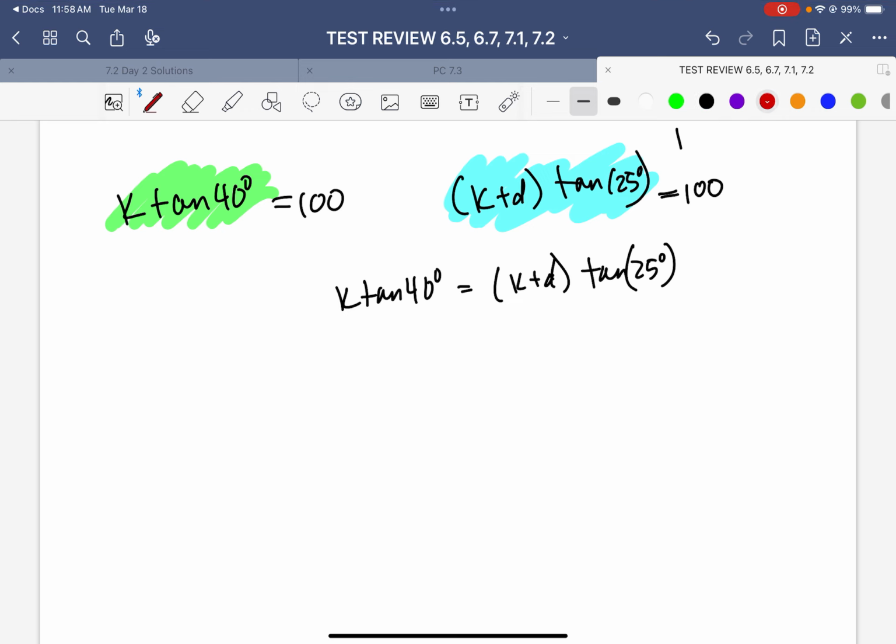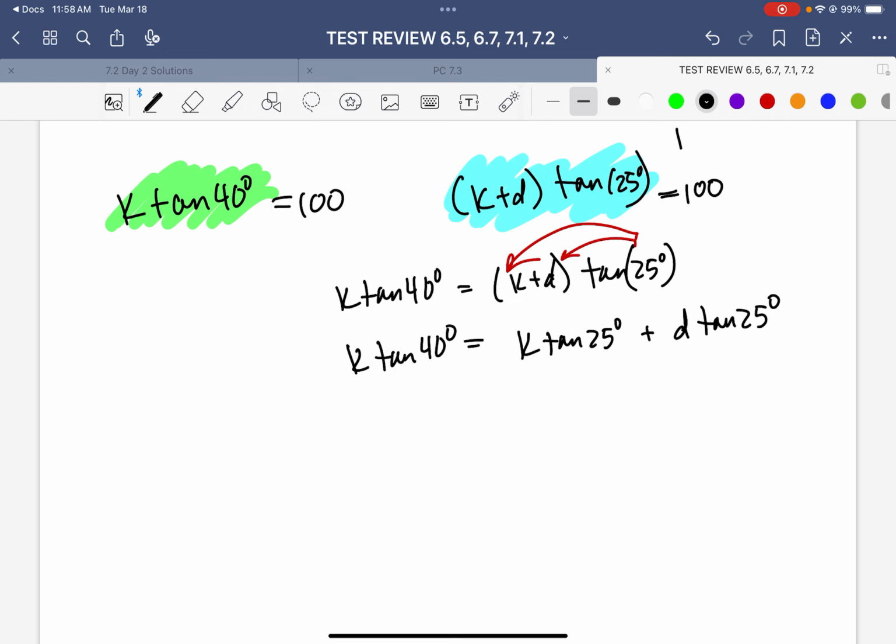And so now what you need to do is just distribute here, and you're going to end up getting K tangent of 25 degrees plus D tangent of 25 degrees is equal to K tangent of 40 degrees, right? So if I just knew what K was, I'd be pretty good, right?